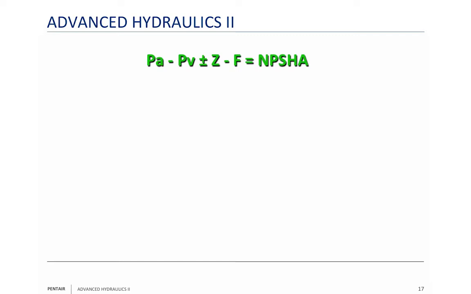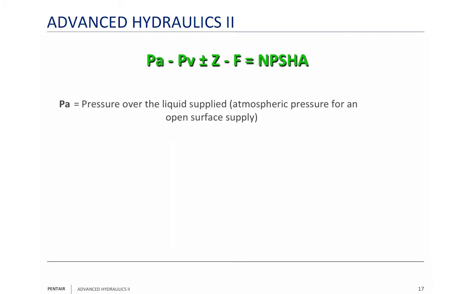Now, the next thing we're looking at here is the formula to calculate NPSHA. Remember, A is what's available to me on the suction side. So we've got PA minus PV plus or minus Z minus F equals NPSHA. So PA stands for the pressure or gauge pressure in feet of head, because we always talk about pressure in feet of head. Okay? PV is the vapor pressure point of the liquid. At which point will that liquid flash from a liquid to a gas?